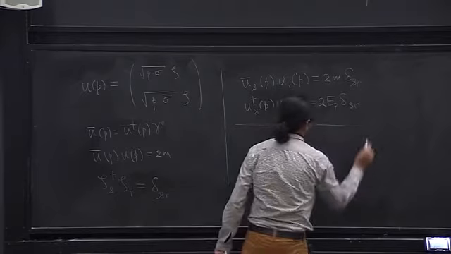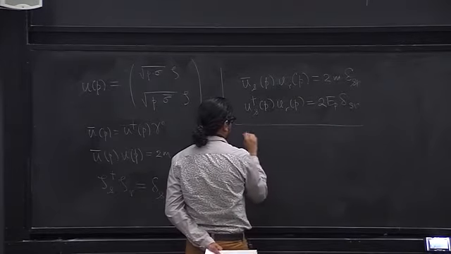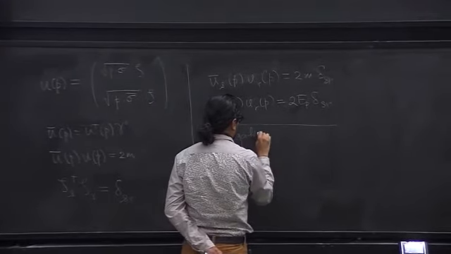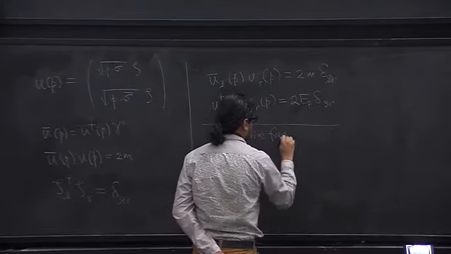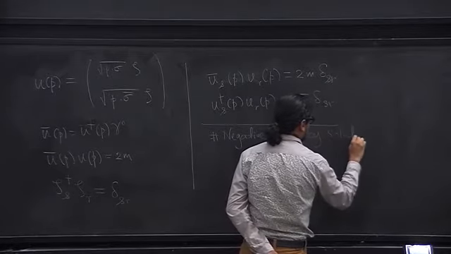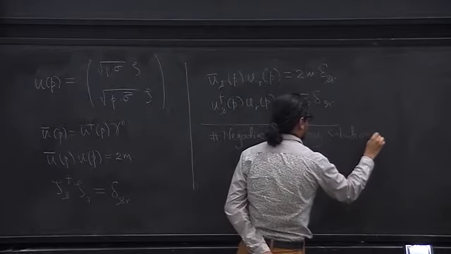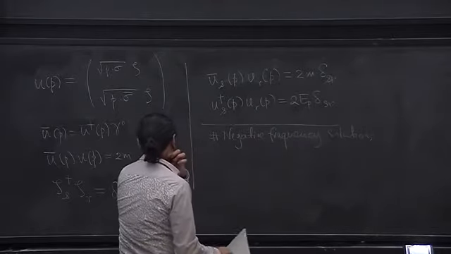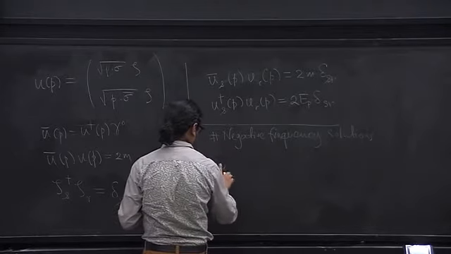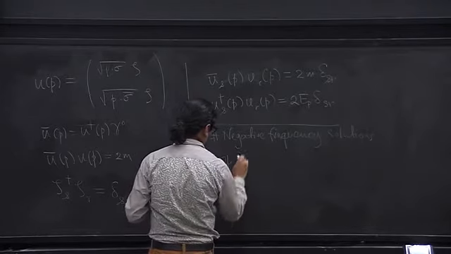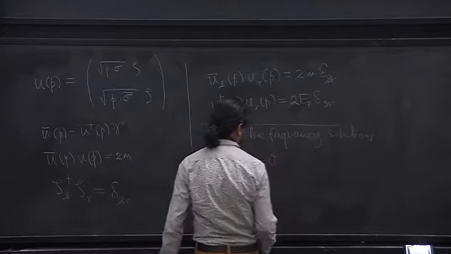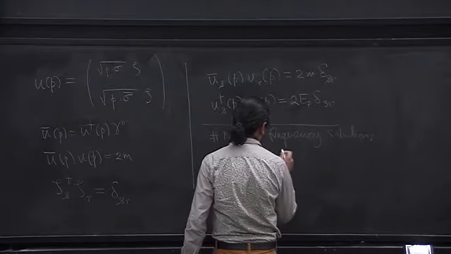Once you have done this, you can say, OK, let's look at the negative frequency solutions. And it's customary to call the spinor corresponding to the negative frequency solutions v.